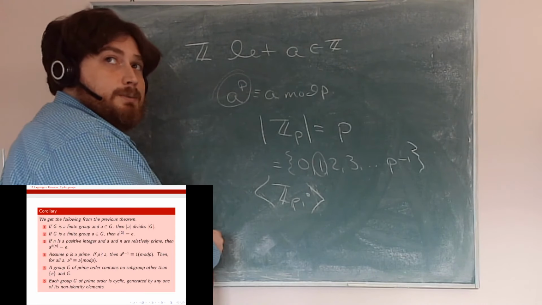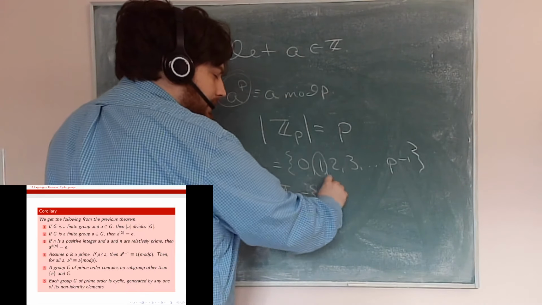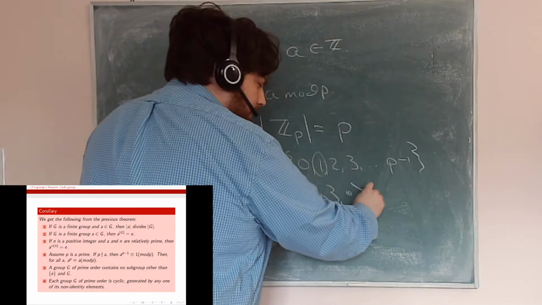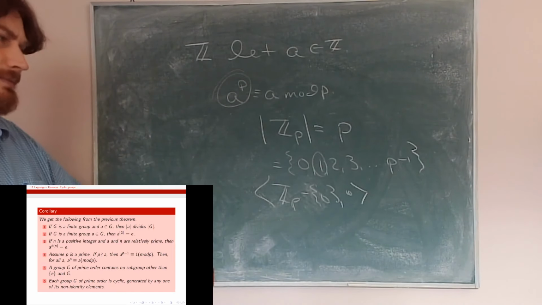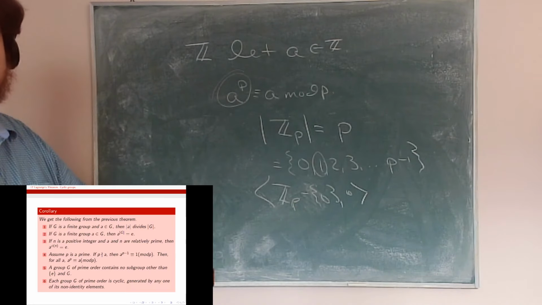Is that okay with everybody? So I'm going to take Z sub P without 0 under multiplication, and I'm going to talk about what that looks like. In particular, I want to know, is that a group?